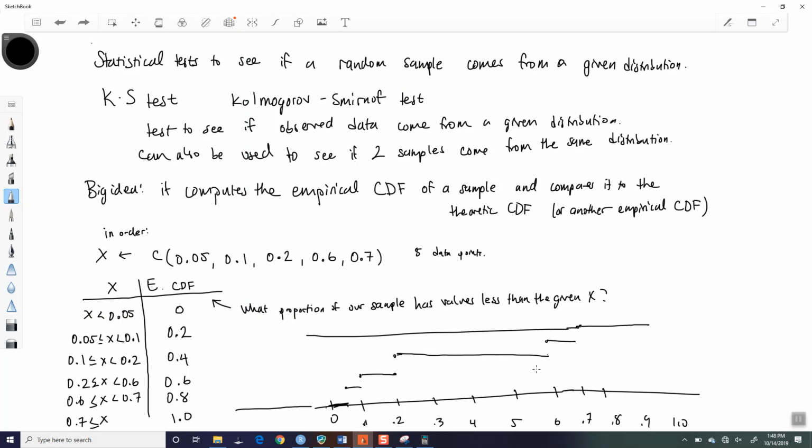And it measures the distance between the empirical CDF and the theoretic CDF, and you don't have to worry about that just yet, but it's going to measure the distance, and it's going to spit back a value, okay? And basically, the null hypothesis in these tests is that the data comes from the given distribution, and then the alternative is that the data does not come from the distribution.